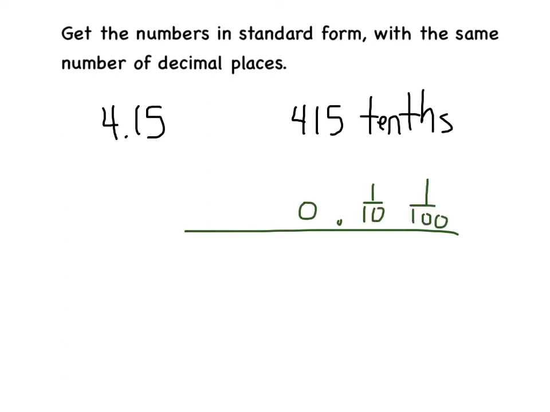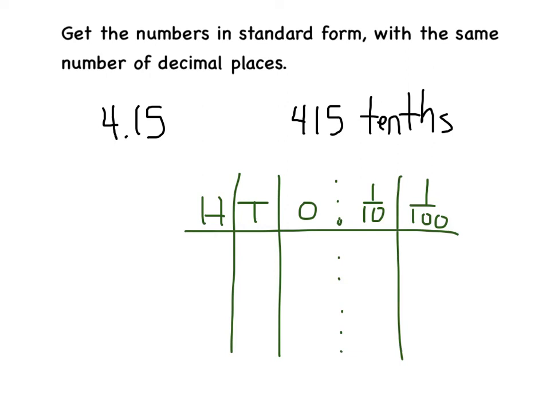And there's my ones, tens, hundreds. And I'm going to write that in. That's 415 tenths. So my number should end in the tenths place. Here's my decimal point. You can see in standard form that's 41 and 5/10.